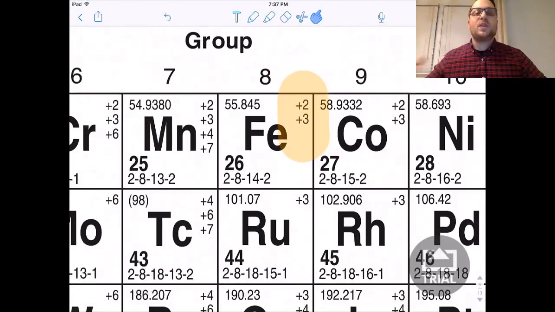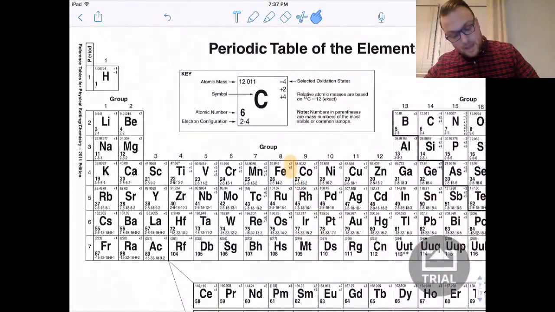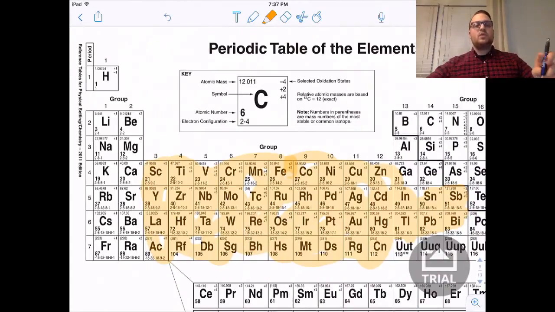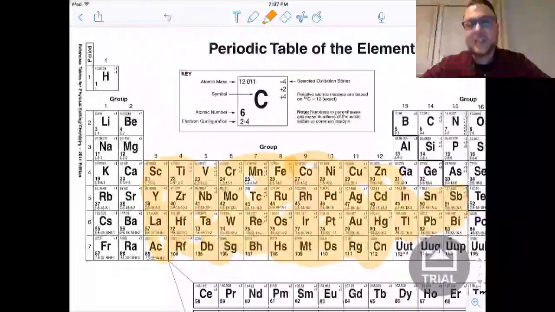And that is true for any elements in here. Any of the ones I've highlighted, when you name them, you need to put a Roman numeral with it and tell me the charge, or you're wrong.